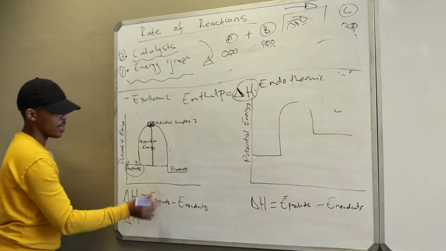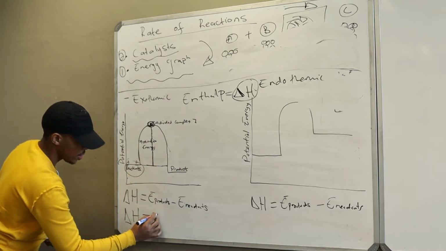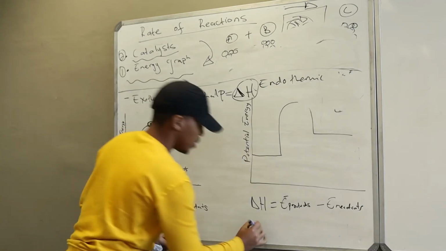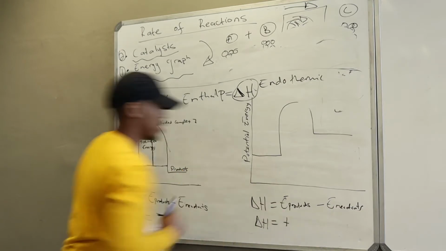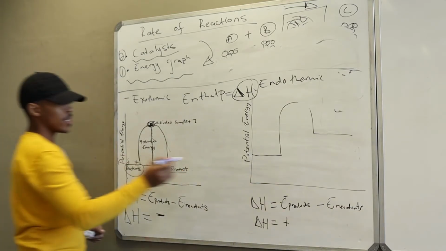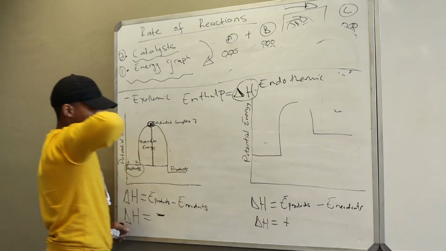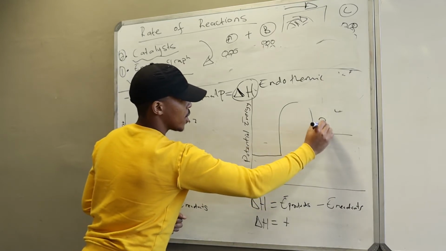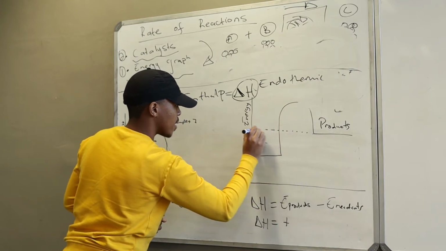So what's happening here? What you're going to see is that the energy here is going to be negative. Right? And we see here the energy is going to be positive. Right? Because the energy of the products is there.